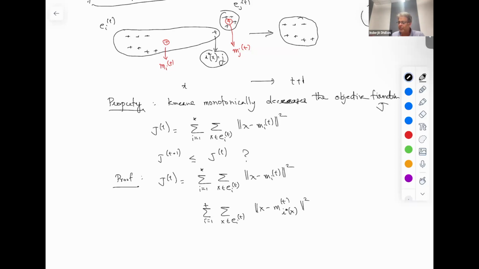So I'm considering all the points x in the same order as they were done before. But instead of this, I've replaced it with this. But since i star x is the index of the closest centroid, I know that this inequality holds.